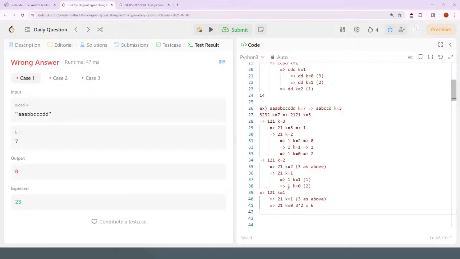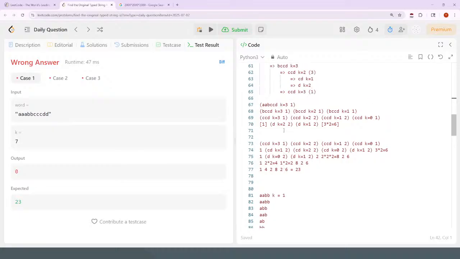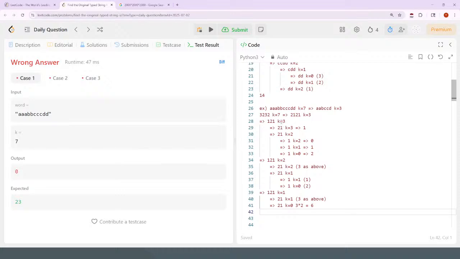Hmm. 6, 2, 8, 2, 4, 1. So there's the 1. Yeah. Do I really want to debug this? Guess I should.